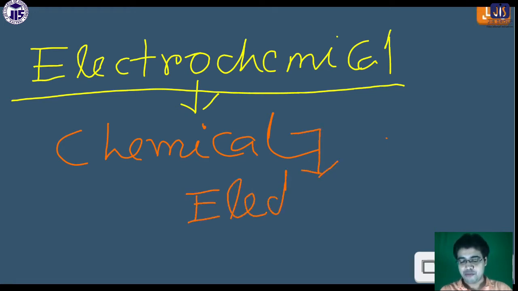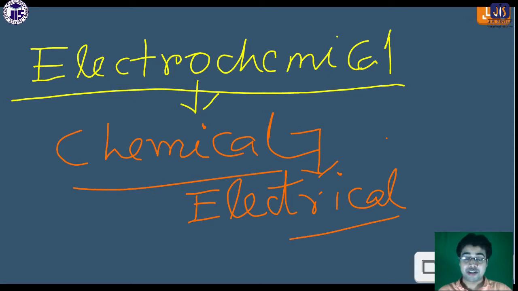This is very important. I will show you how in the electrochemical cell chemical energy is converted to electrical energy, but for the definition you have to keep in mind that in an electrochemical cell, chemical energy is converted to electrical energy.